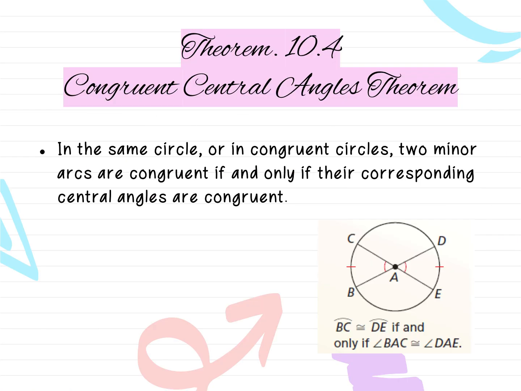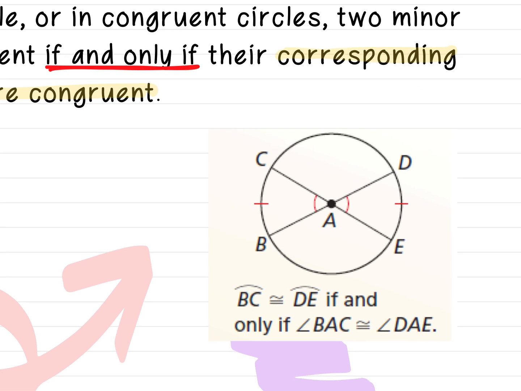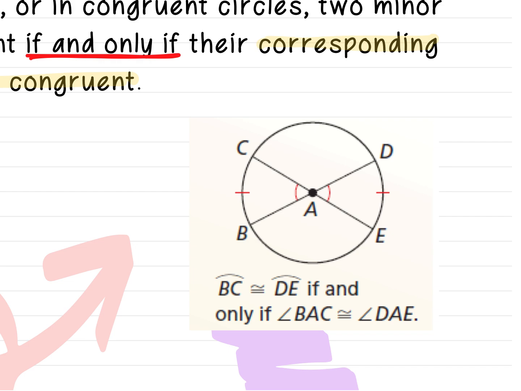So looking at the next slide, we have congruent central angles theorem. In the same circle or in congruent circles, two minor arcs are congruent if and only if their corresponding central angles are congruent. So looking at this diagram, I have my central angles. Let's just give it an example. My central angles are both 50 degrees.